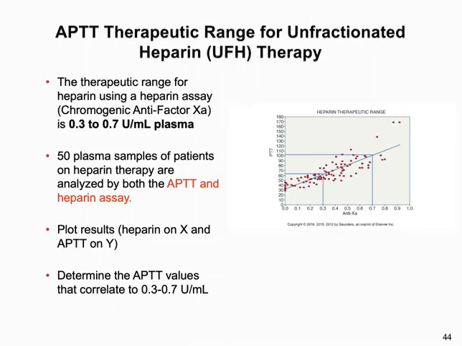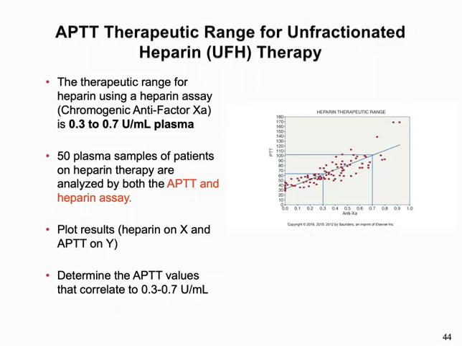So what we do is we take specimens, APTTs, and we measure the APTT for a baseline amount. Then specimens are taken 4 to 6 hours after the initial administration of unfractionated heparin, and then repeated every 24 hours.